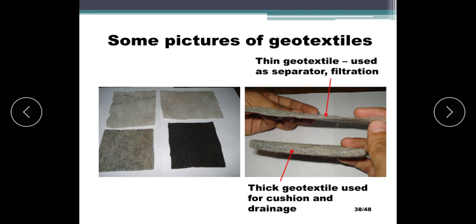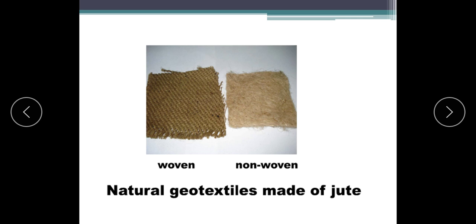There is a thin geotextile used as a separator as well as for the filtration function. There may be thick geotextiles which are used as a cushion material as well as a drainage medium. Natural geotextiles we are also using, like woven and non-woven geotextiles.